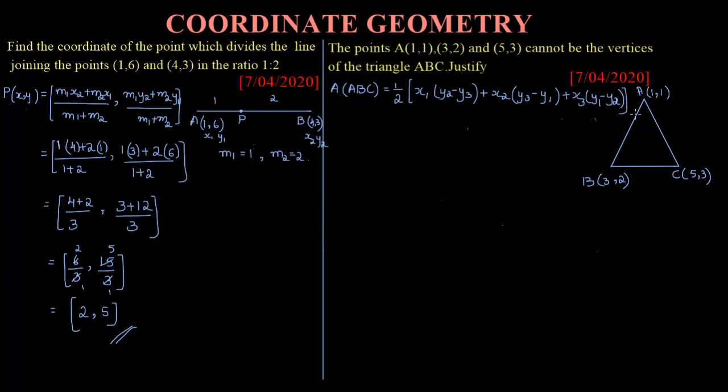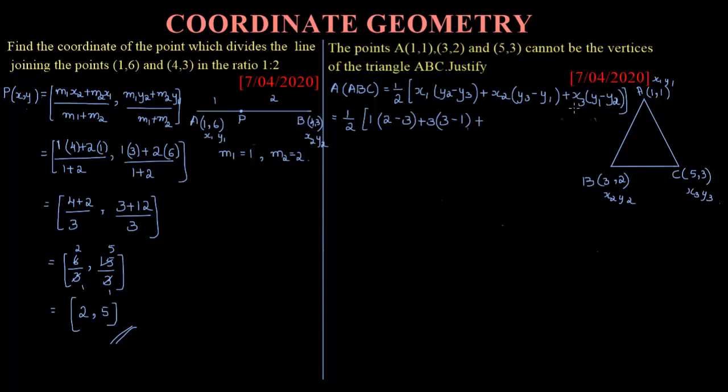So let us substitute the values here. Let this be x1, y1. Let this be x2, y2. And this let it be x3, y3. Okay. So let us substitute 1 by 2 x1. x1 you can observe it is 1 here, into y2 minus y3, so 2 minus 3 here, plus x2. x2 is here, that is 3, into y3, it is 3 again, minus y1. y1 is here, that is 1.